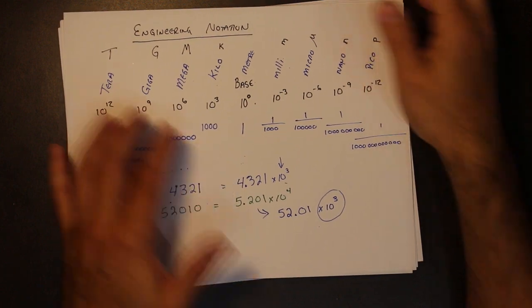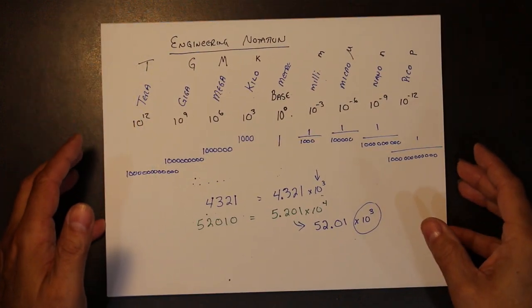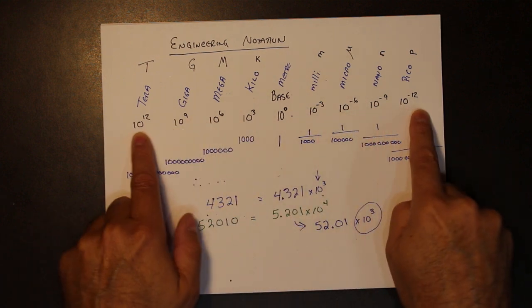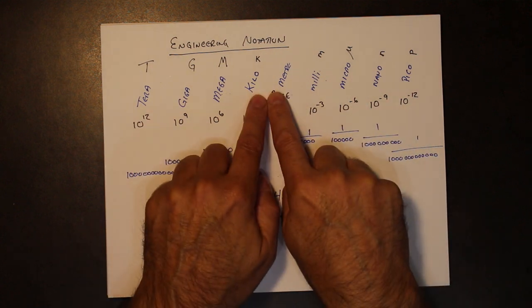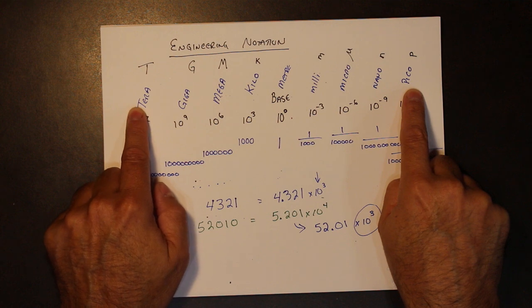Throughout this course and throughout the rest of your study and your career, you will be using these engineering notations. You will be using these prefixes all the time in your discussions, in your calculations, and so forth.